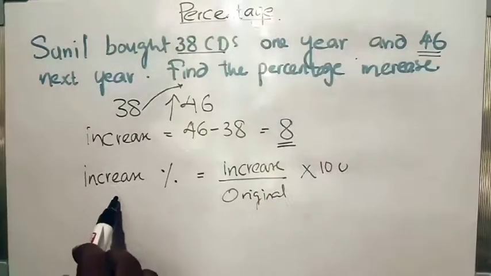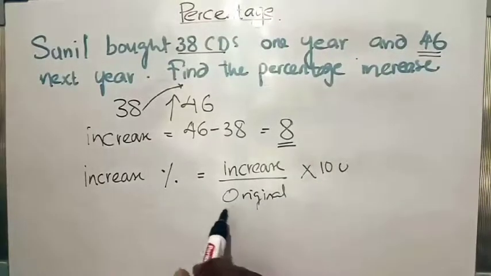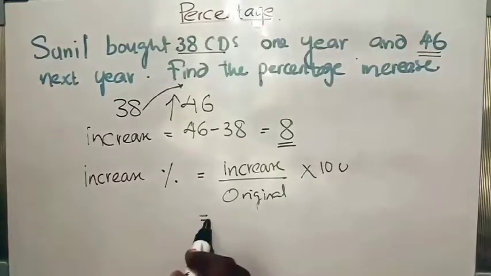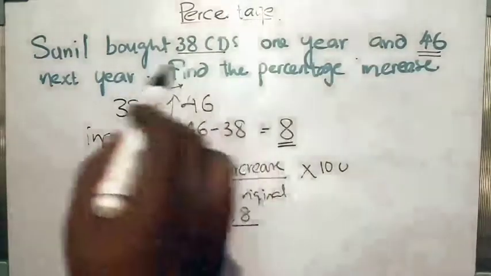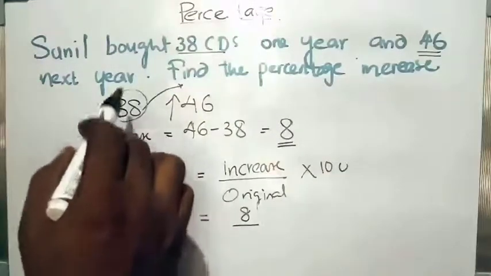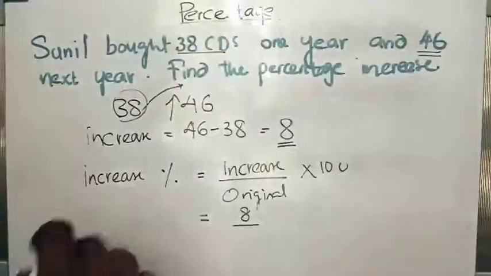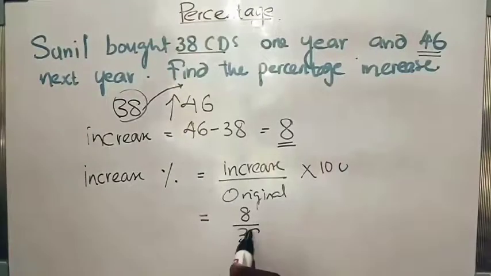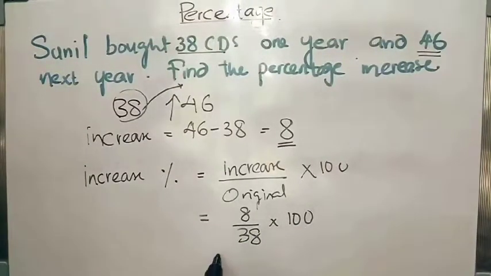That means the decreased percentage is decrease divided by original value into 100. Here the increased value is 8 divided by the original value. This is the original value, the first value, that is increased or decreased. That is the concept. So 8 divided by 38 multiplied by 100. Do simplify this answer and get it.